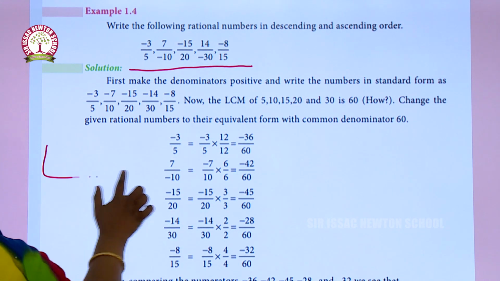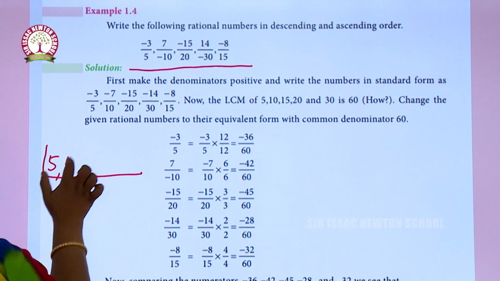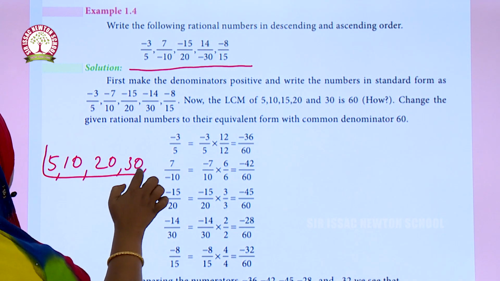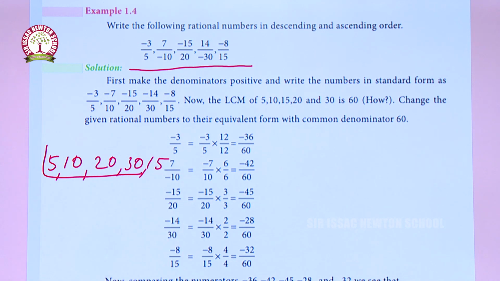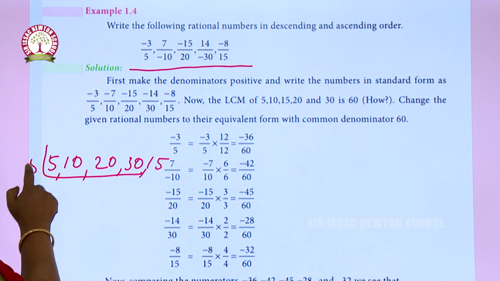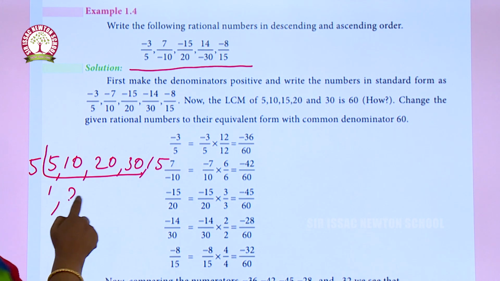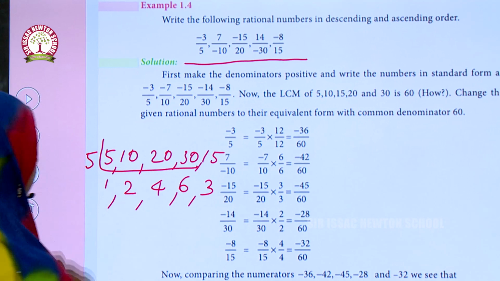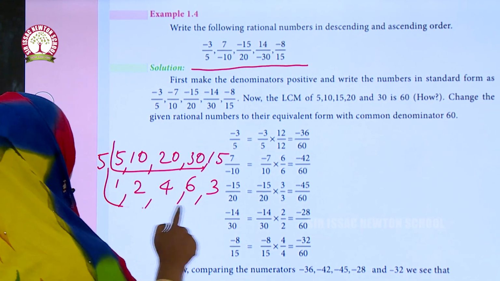What is the LCM? 5 2s are 10, 5 4s are 20, 5 6s are 30, 5 3s are 15.